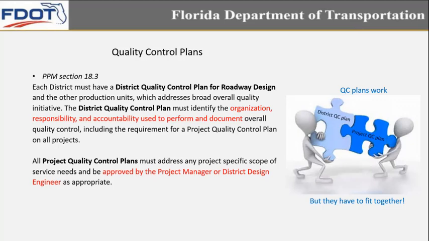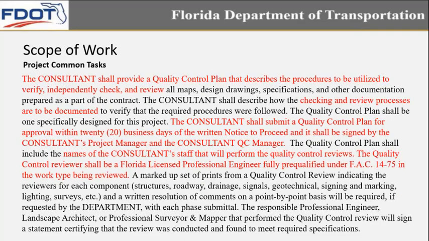It has to be approved by the project manager or the district design engineer as appropriate. So it's something the consultant should be communicating with his DOT project manager, so both know what the quality control process of the project is.